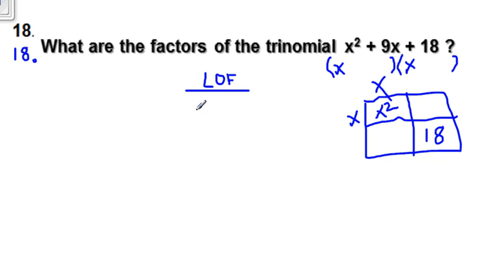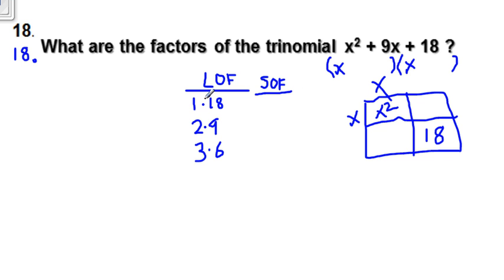So a list of factors of 18 will be 1 times 18, 2 times 9, and 3 times 6. Those are the only ones I can think of right now. Next to it I'll put SOF for sum of factors.